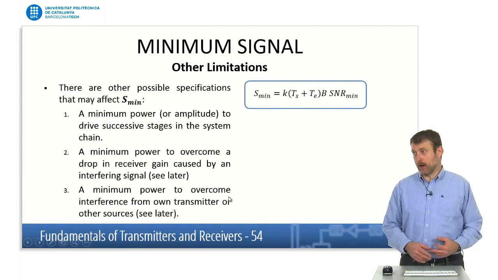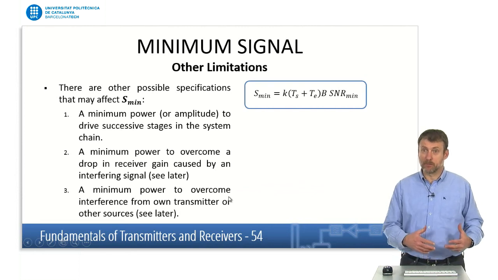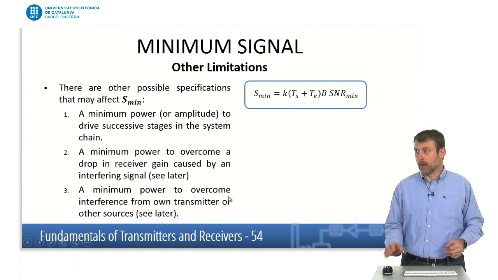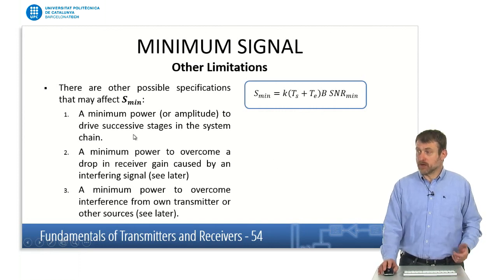However, I point out that there are other specifications that might affect that minimum signal power that we'll need at the receiver input. And these are written in this slide.